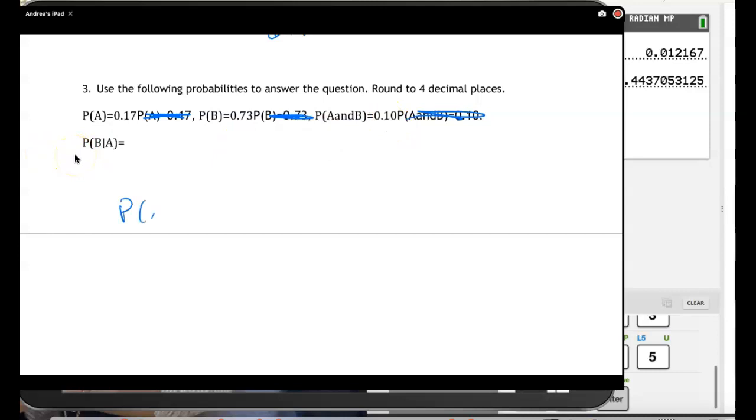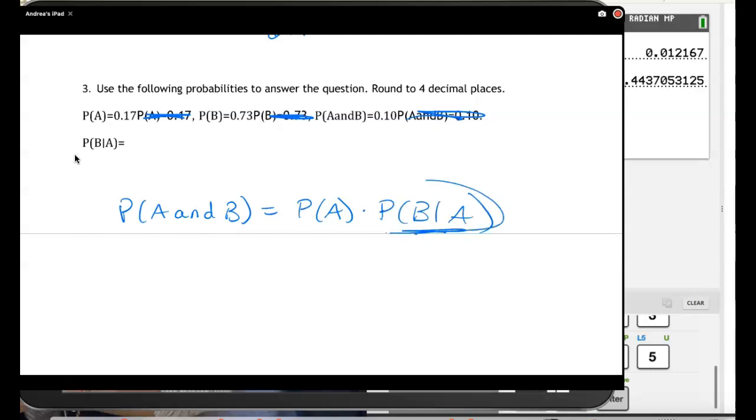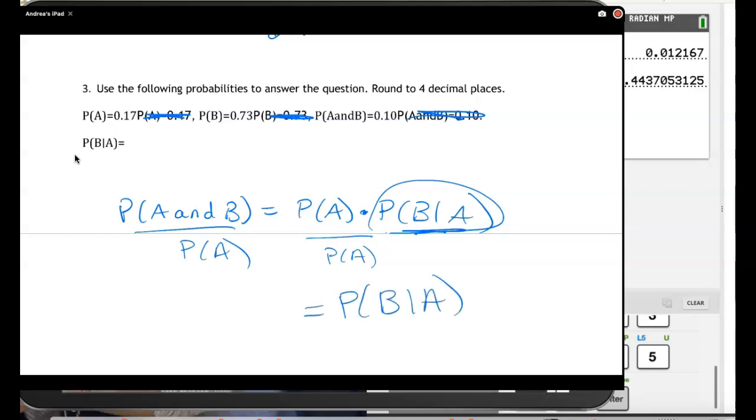Well, we know the formula for the probability of A and B is equal to the probability of A times the probability of B given A. So if we basically solve the equation for this, because this is being multiplied, we divide both sides by probability of A, right? This gives us a different formula for the probability of B given A. Our formula becomes the probability of A and B divided by the probability of A. I think that was a little tricky.